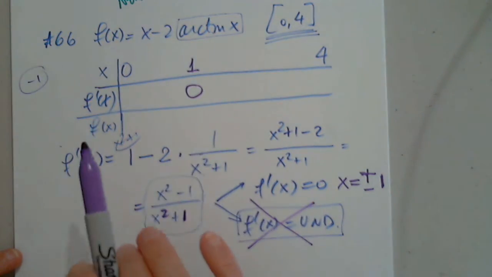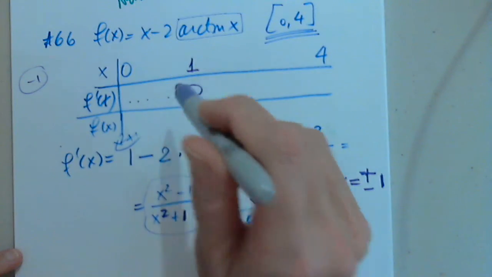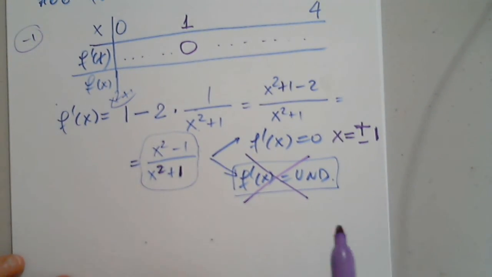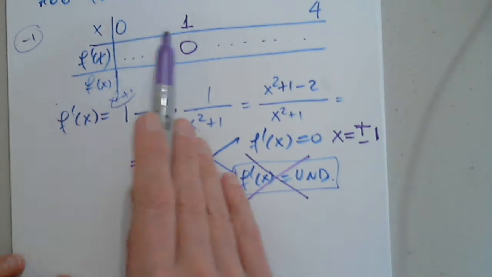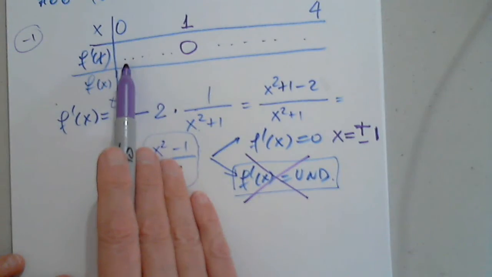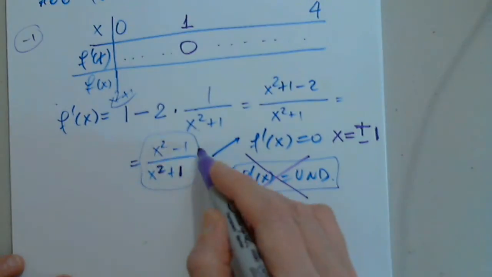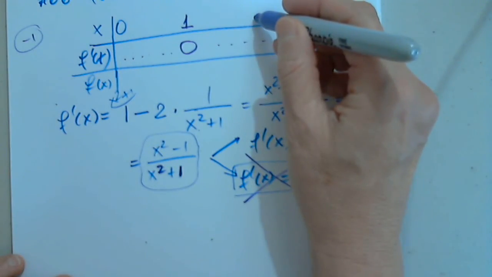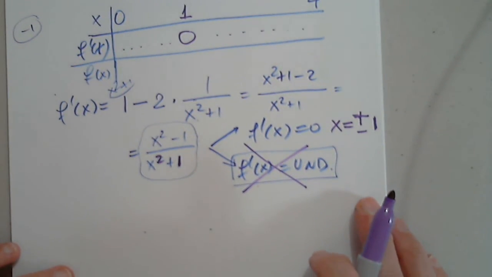At this point, I will study the sign of the derivative to the left of 1 and to the right of 1. So plug in 0, because 0 is between -1 and 1, and tell me just the sign. I don't need any number. I only need the sign of this expression when x is 0, and when x is 4, or 2, or 3, or 10, or 1500.